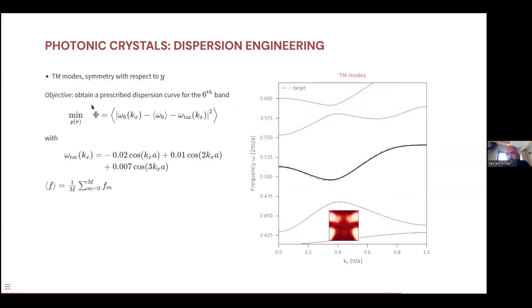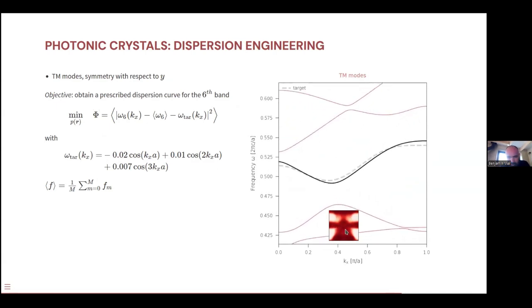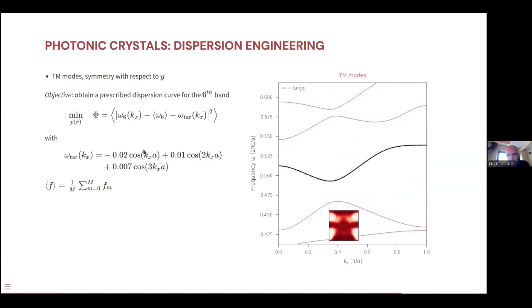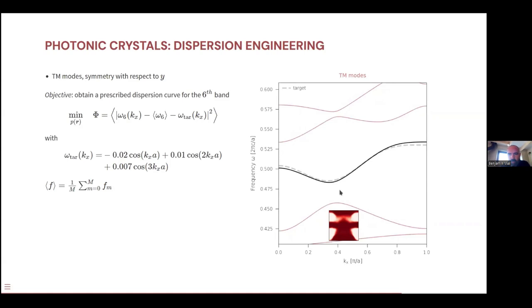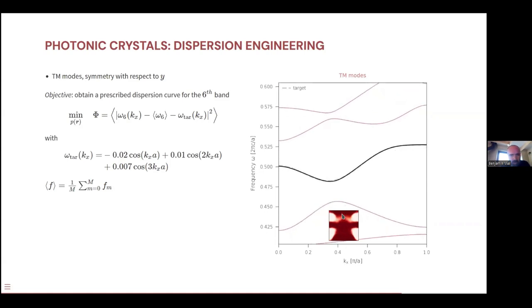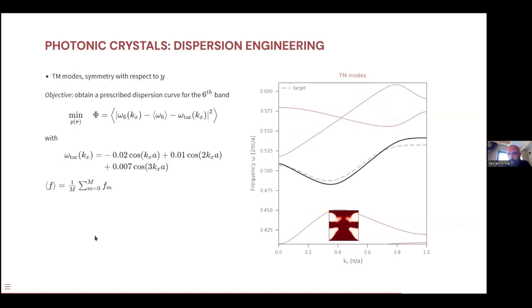We just care about the variation of the dispersion. And you end up with this topology inside the unit cell. Here we enforced symmetry along this axis over here. And at the end of the day, you've got a nicely dispersion engineered photonic crystal.